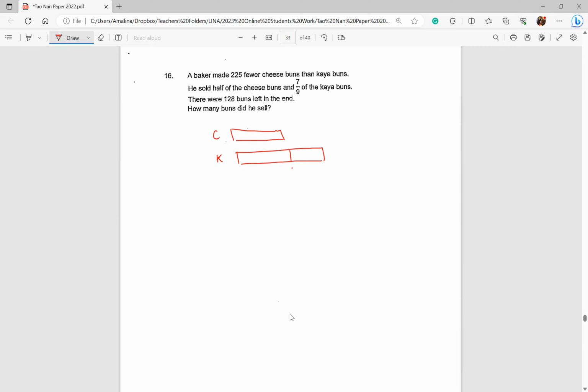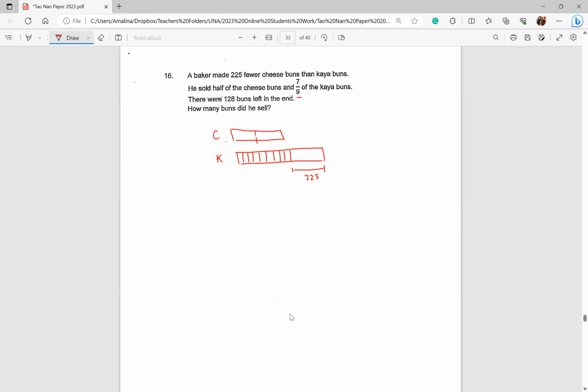This part here is my 225. So if I sell half of the cheese buns, I will cut these into 2. My kaya buns, I will cut these into 9 parts. Okay, so I will attempt to cut these nicely. Okay, there's 9 parts over here.